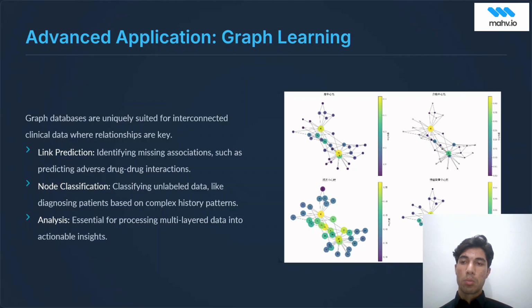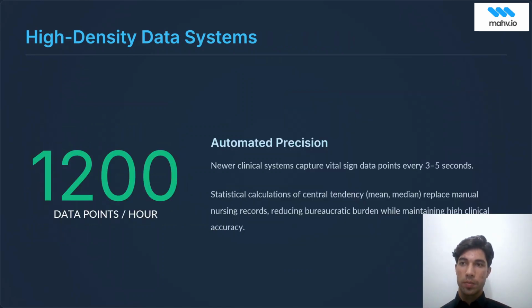Link prediction is basically identifying missing associations, such as predicting adverse drug to drug interactions based on previous data. Then there is node classification, which is classifying unlabeled data, like diagnosing patients based on complex history patterns, and analysis, which is essential for processing multi-layered data into actionable insights, not just raw numbers.